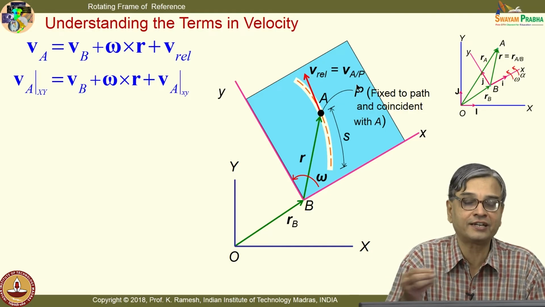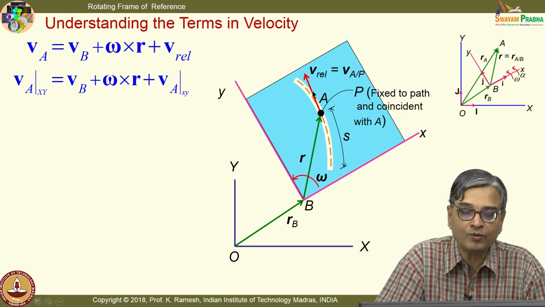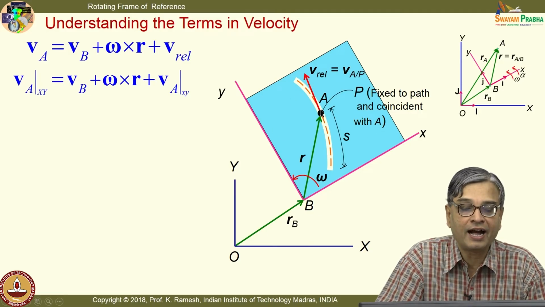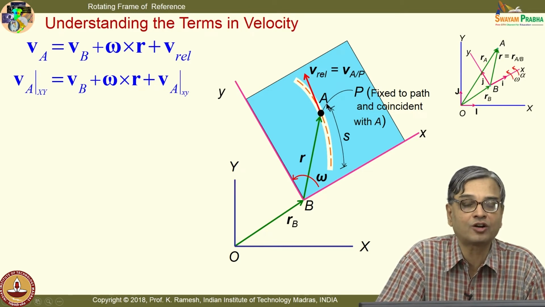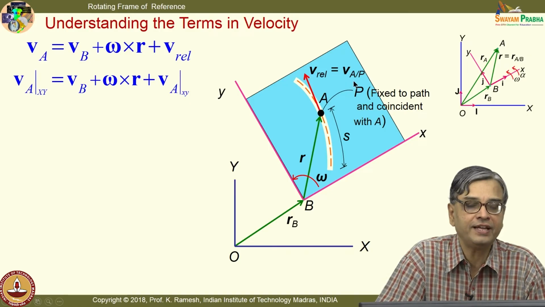Extending that logic, suppose I move and rotate with the body here, I would perceive the point A to move on this slot, whichever the contour that it has, and tangential to the path is your velocity direction, that is what you get here, fine.